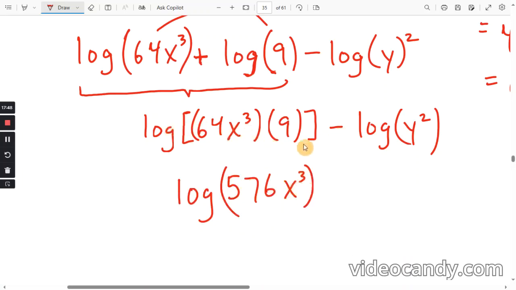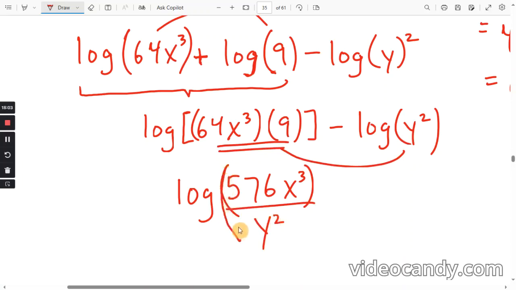Since it's minus, it's going to be this divided by that right there. So we have the log, and that's divided by y squared. That's it right there. I should really extend these parentheses because it's the log of this whole thing right here.